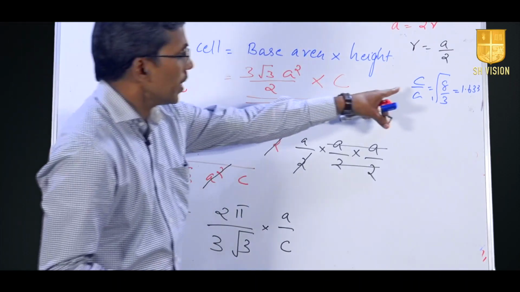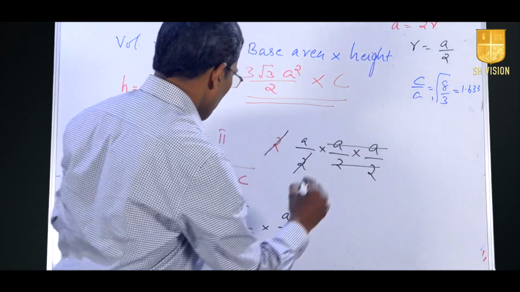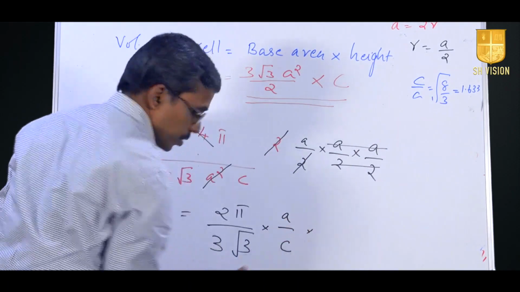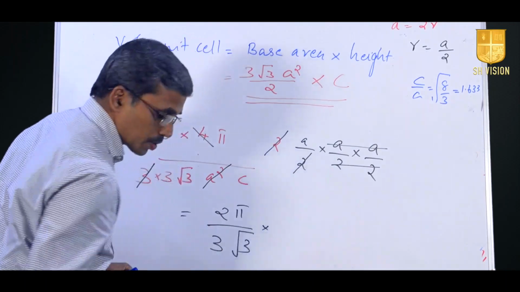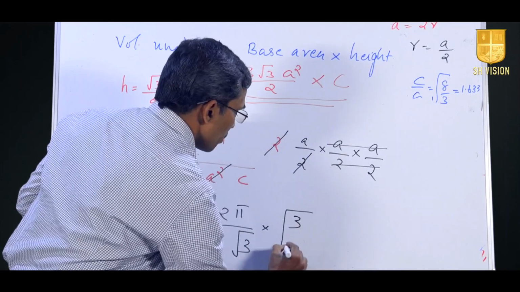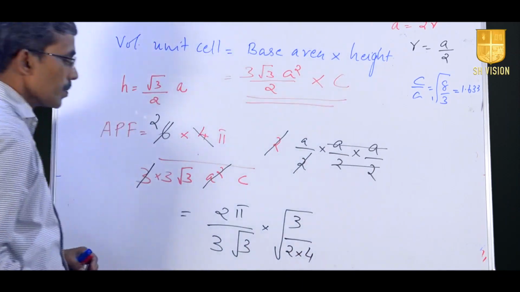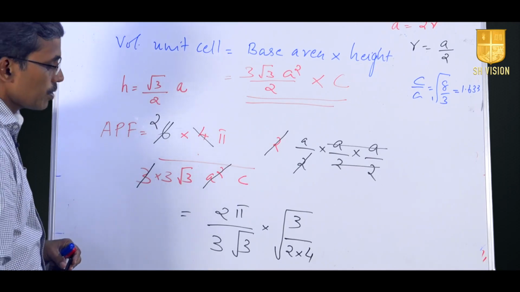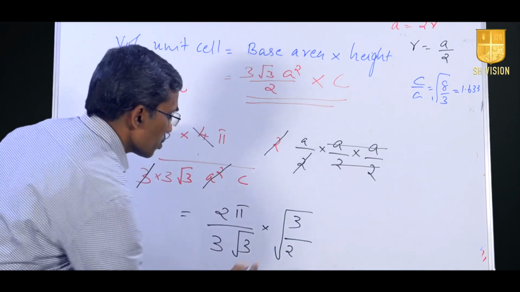But c by a is root 8 by 3. Therefore a by c is root 3 by 8. So I replace this a by c with root 3 by 8. 8 I write as 2 into 4, and from that I take 4 out, so 2 comes out.